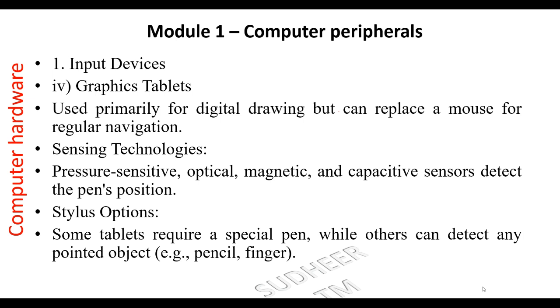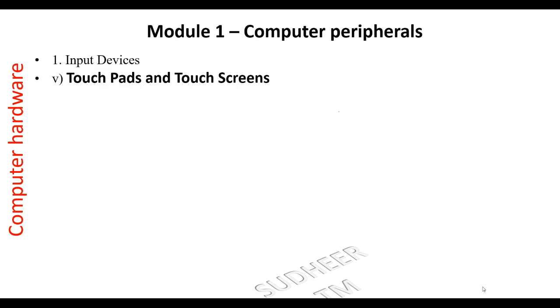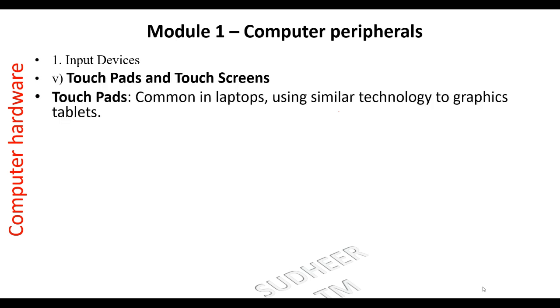Okay, so there are two types of devices: touch pads and touch screens. Touch pads, the touch pad on my laptop. I can use my finger to control the cursor movement here and there on my screen. Common in laptops, with similar technologies in graphic tablets. It is the same technology, but there are different technologies, and depending on the technology the sensitivity will be different. Some work using pressure, some using capacitive effect, some using magnetic effects, some using resistance. Capacitive is the most popular.